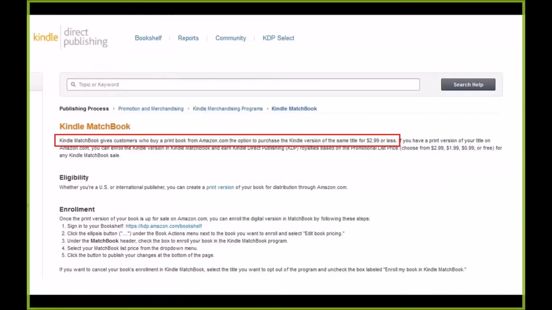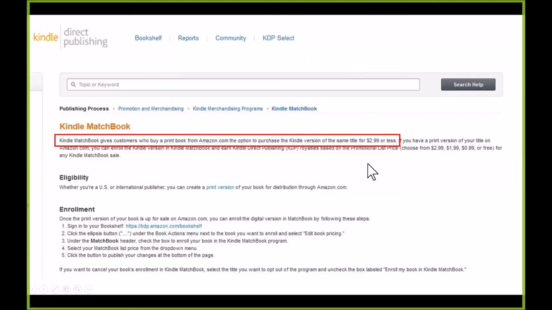Okay, so then Kindle Matchbook. I mentioned print books, and I'll show you how to do the print books here in a second. But if someone buys your book as a print version, and they also want the Kindle version so they can read it on their reader at the same time, and you have a book listed at $9.99, they'll drop your price down to $2.99 or less, and you agree to what you want that to be.